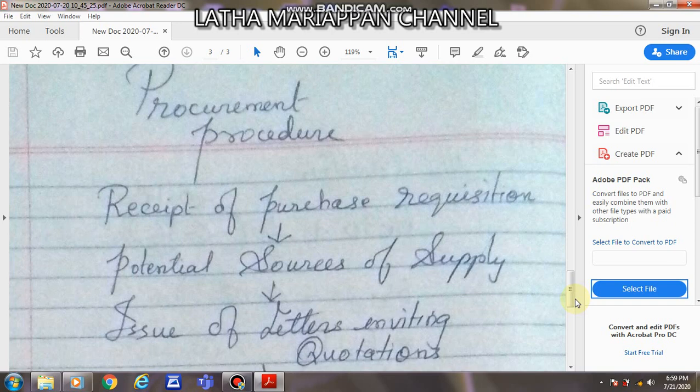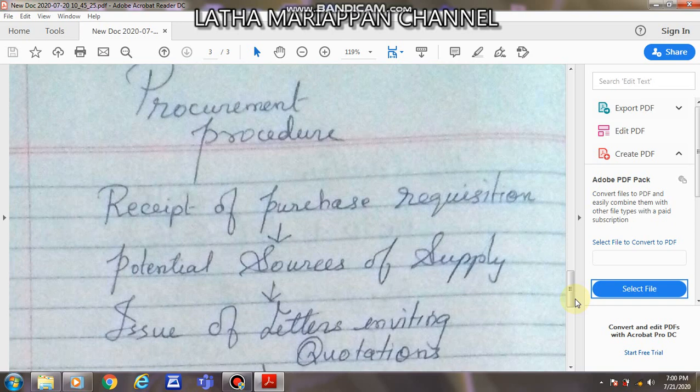The second one is potential source of supply. When the purchase requisition is received in the purchasing department, the purchasing executives look for the potential source of supply. Generally, the purchasing department maintains a list of approved suppliers for every item purchased by the company.